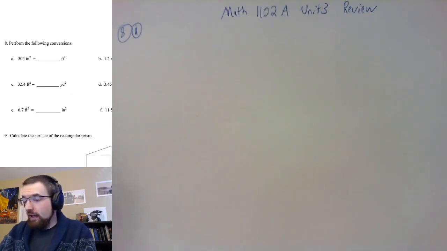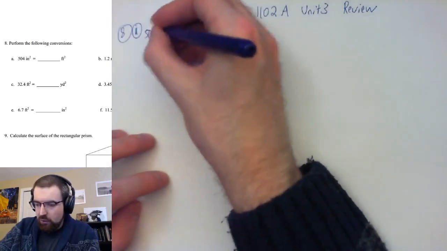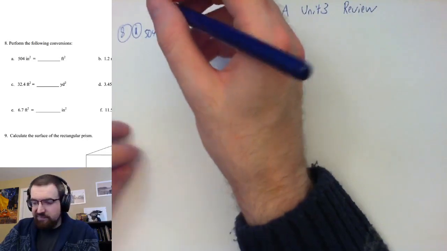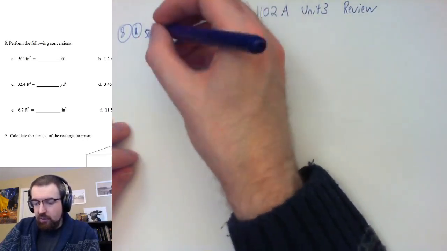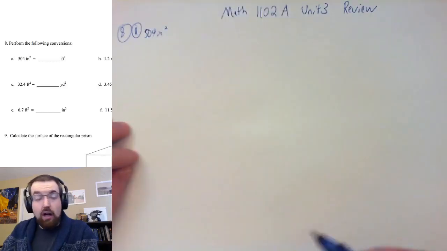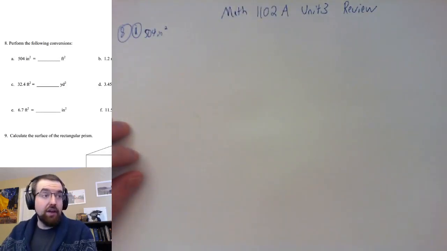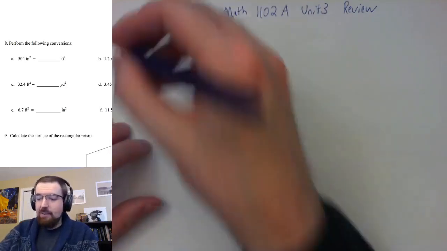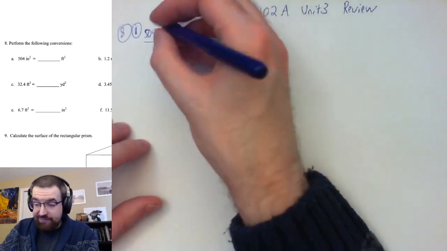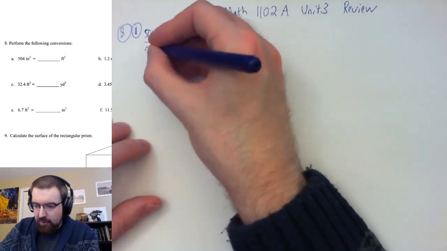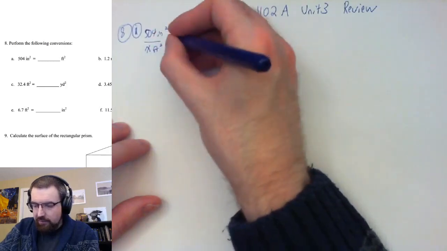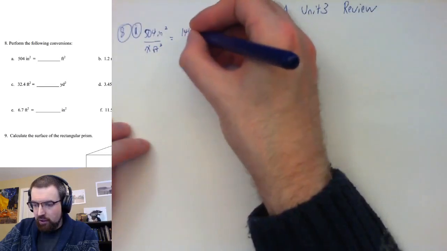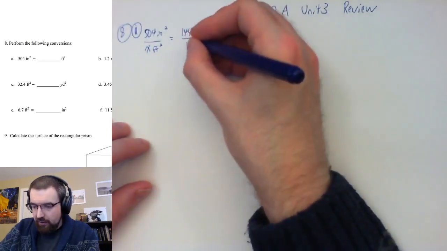So we know that if we have 504 inches squared, we can figure the answer out in several different ways. Now I'll do the cross multiplying way because that's what I've been showing you in your courses, and from your notes I think that you're getting that method, so I'm going to keep reinforcing that one. 504 inches per some number of feet squared, but we know that our conversion factor is 144 inches squared per 1 foot squared.